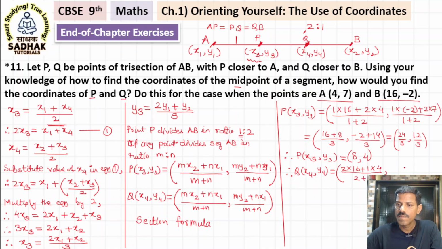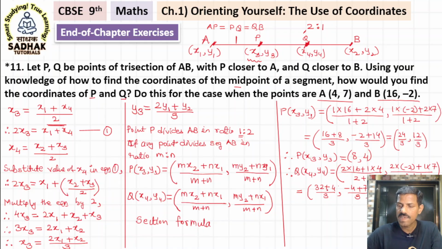And similarly for the y coordinate, 2 multiplied by y2, that is minus 2, plus 1 multiplied by 7, divided by 2 plus 1, m plus n. So that will be equal to 2 multiplied by 16 is 32, plus 4 upon 3, comma 2 multiplied by minus 2 is minus 4, plus 1 multiplied by 7 is 7 upon 3.